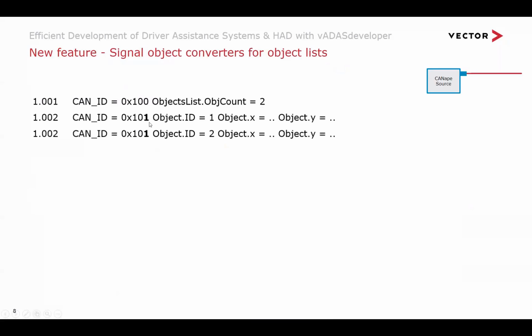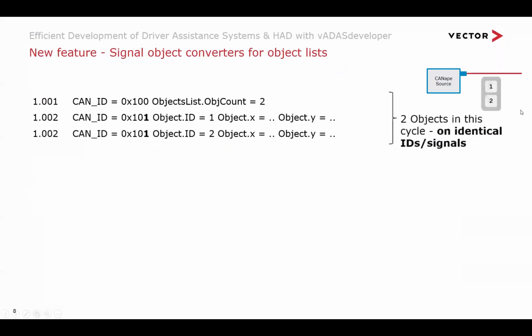Then it will always use the same CAN ID for the different objects. So it's always CAN ID 101 in this case, but the object ID is 1, and then you get the properties of the first object. And then you get another transmission on the same message, and you get object ID number 2. So this is a different object, but again on the same message.